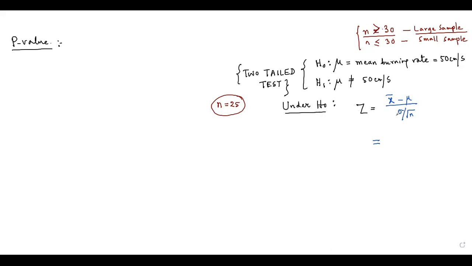Now, X bar is the mean burning rate of the sample propellant, and mu is given to be 50 centimeter per second. From the question, as I can see, X bar is 51.3 and sigma is 2 centimeter per second, and small n is 25. So you can very well calculate Z.